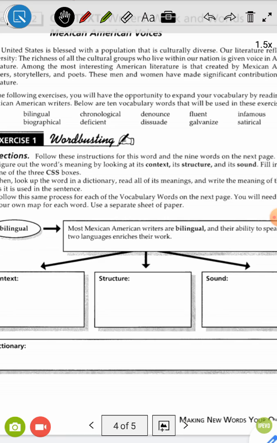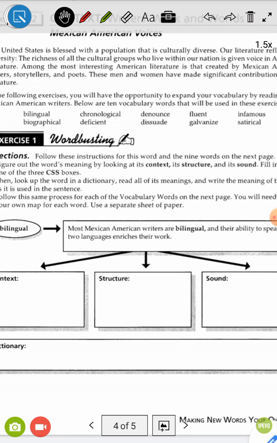Denounce. You denounce something that you don't like. So it's like rejecting, refusing. Fluent and famous, both adjectives, okay? Biographical, which is related to someone's life.